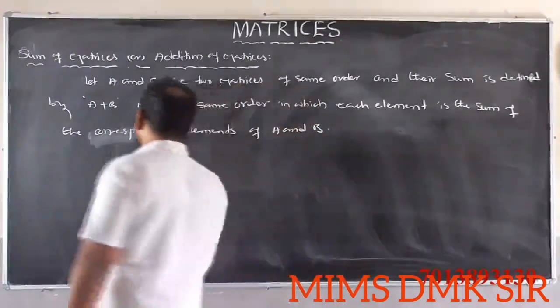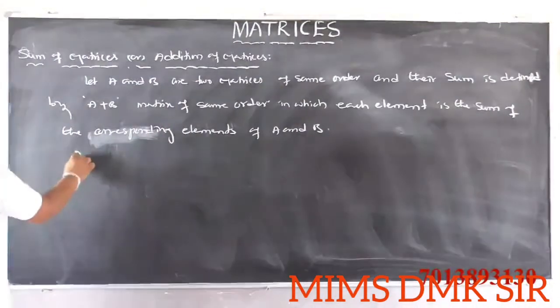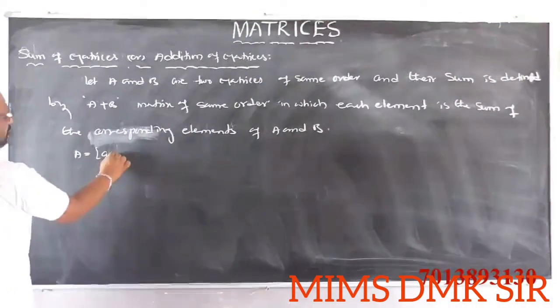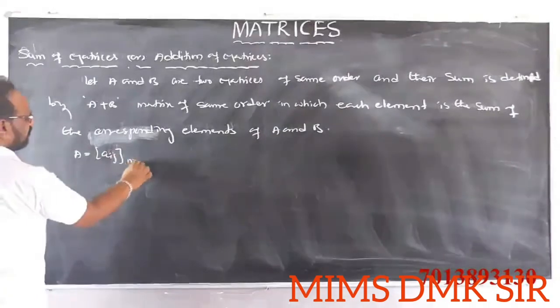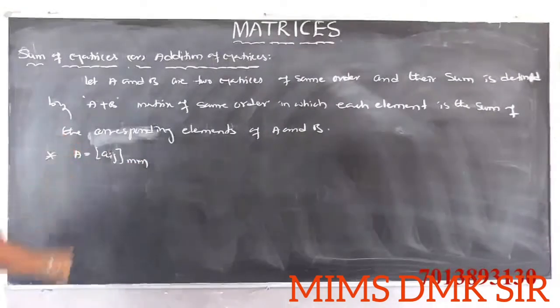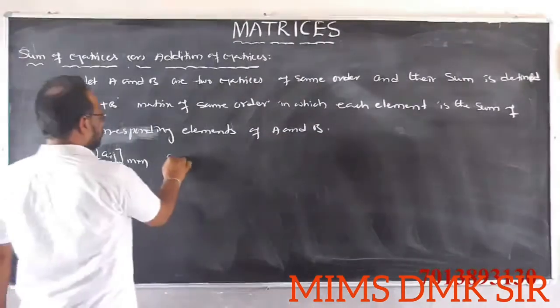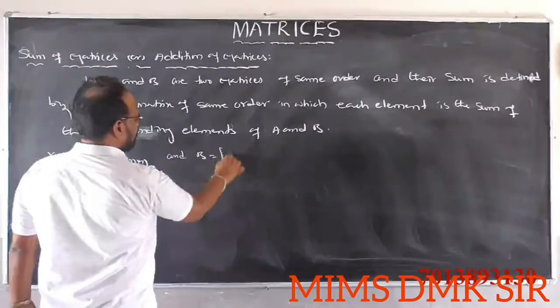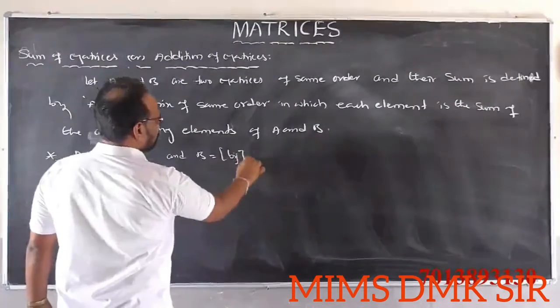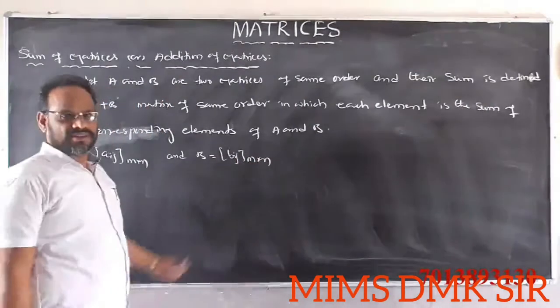That means if A is an M by N order matrix, observe here. Let A be a matrix of M by N order, and B a matrix also of M by N order.